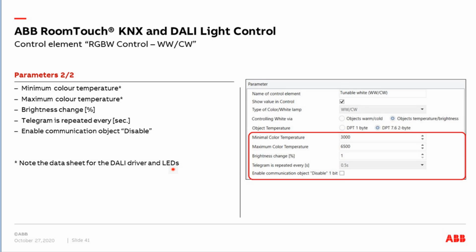The LEDs I use in my exercise support from 2200 to 6500, but it makes no sense to enter 2200 because the DALI driver starts with 3000. So I really have to select the corresponding color temperature value. Then the brightness change, for example 1%, and other objects like always.